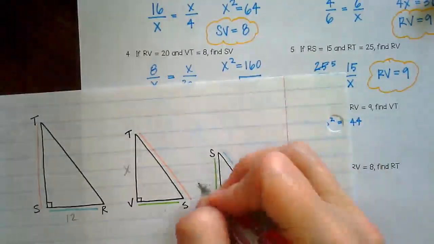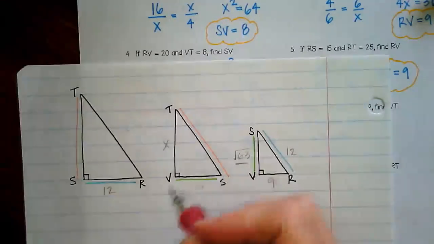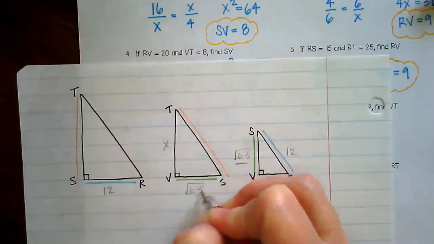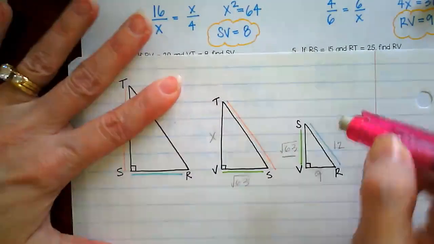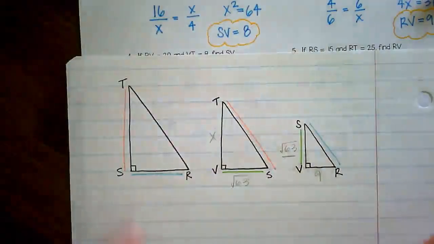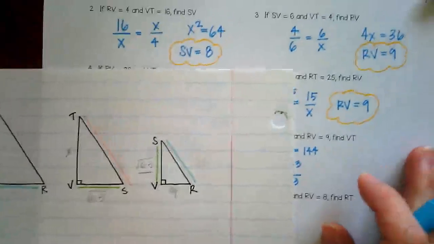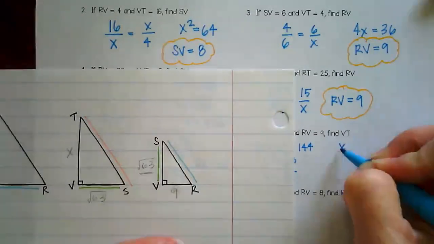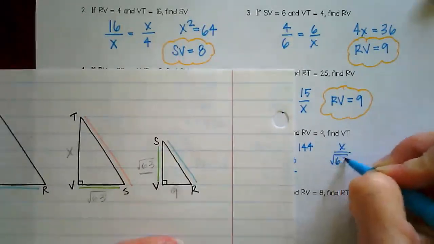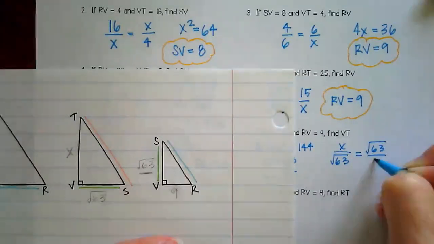So now I know that this side right here is the square root of 63, but I know that side is also this one, which is the square root of 63. And so now, once again, I have corresponding parts between mama bear and baby bear. So that means that for my proportion, I have mama bear equals baby bear.